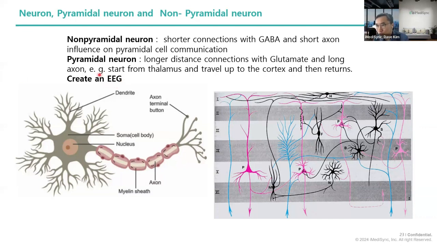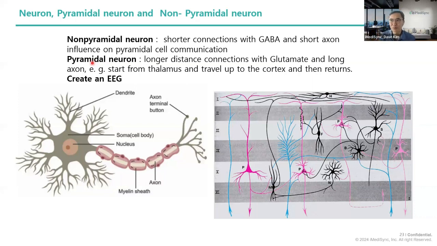And so usually the pyramidal neuron makes the EEG rhythm. You can see the non-pyramidal neuron showing the short connection, but the pyramidal neuron has a very long connection. For example, alpha rhythm is made by the pyramidal neuron coming from the thalamus to the cortex, and then the thalamus again.